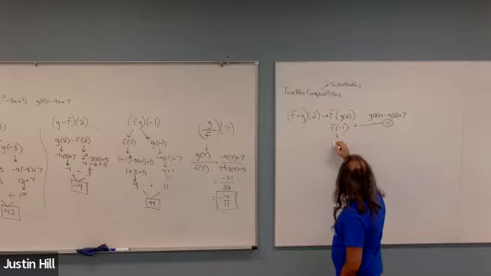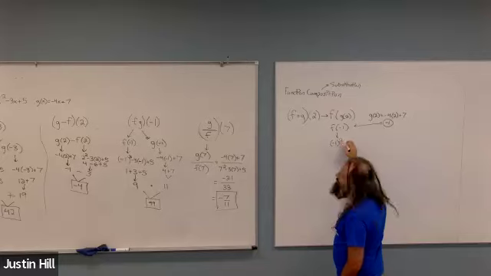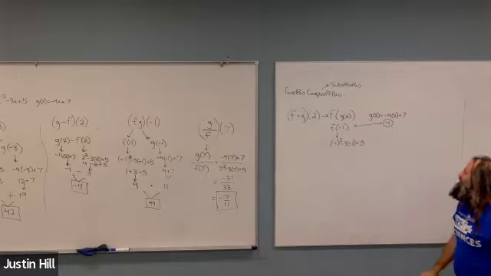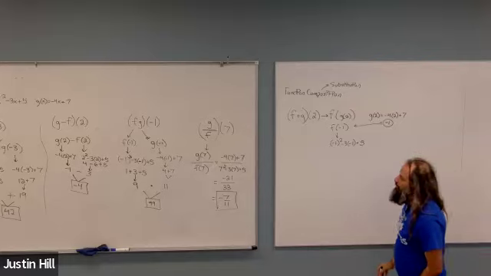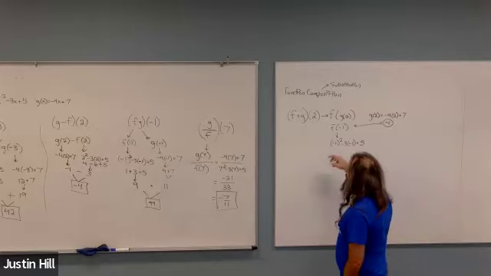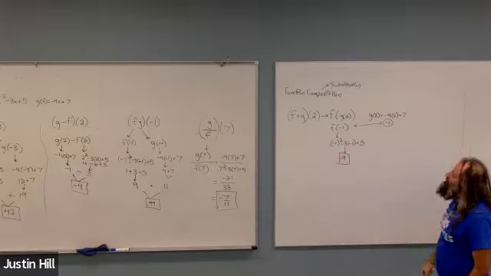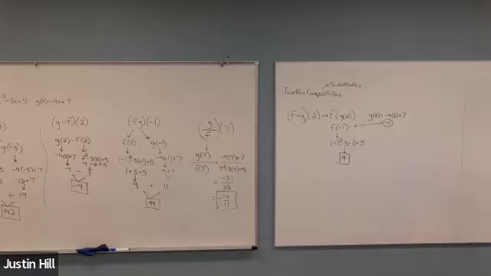So this is negative 1 squared minus 3 times negative 1 plus 5. This ends up being 9, and I already did the calculations. So F of G of 2 is 9.